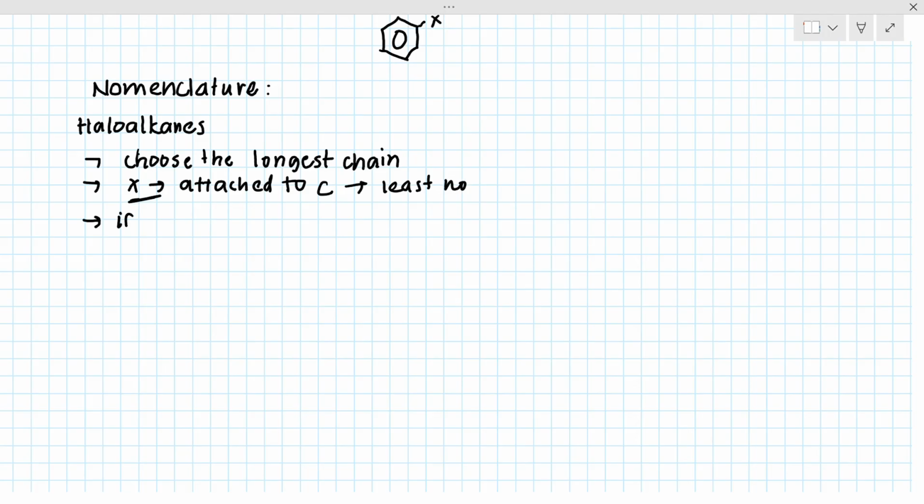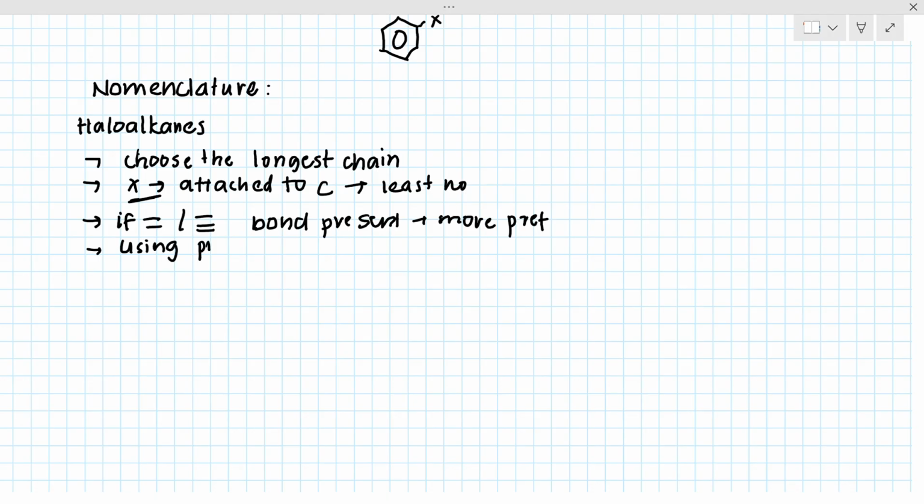Next, if a double bond or triple bond is present, it should be given more preference, or first priority.